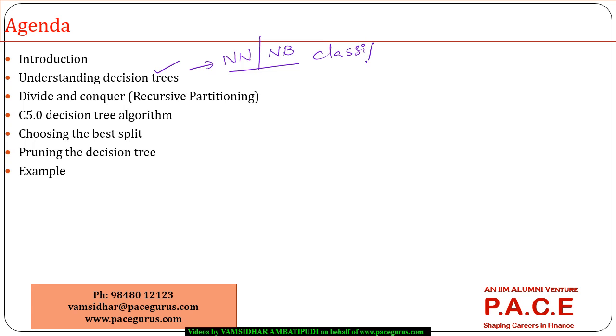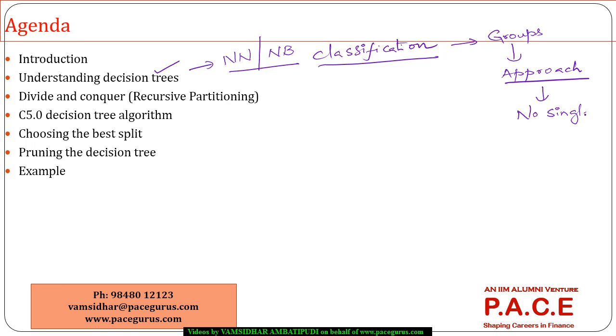As I have indicated to you earlier also, all these classification algorithms classify the data into groups, but the approach they follow is entirely different, and there is no single procedure which says that for this kind of data, this algorithm will always give better results compared to that algorithm.